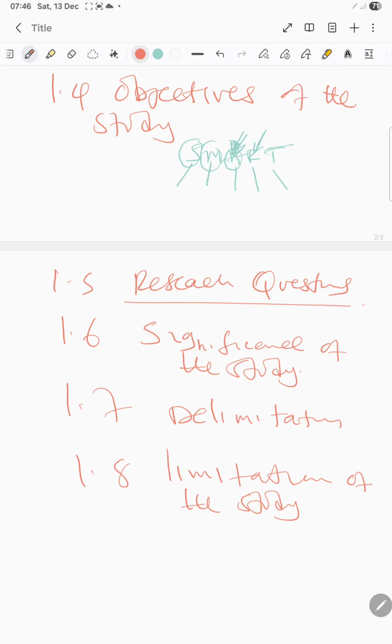All right. Having said that, we can now make a transition to what we call the theoretical framework. So we go to 1.9, which we call the theoretical framework. Now, what is the theoretical framework?